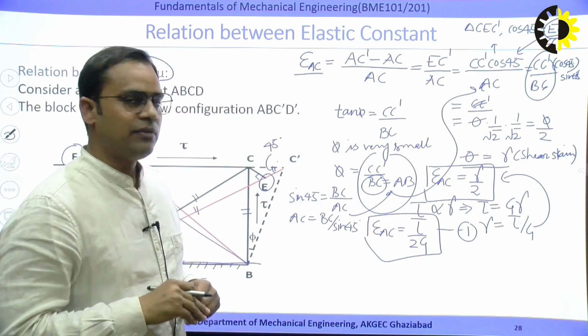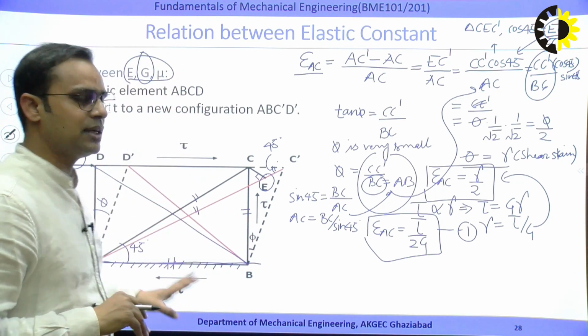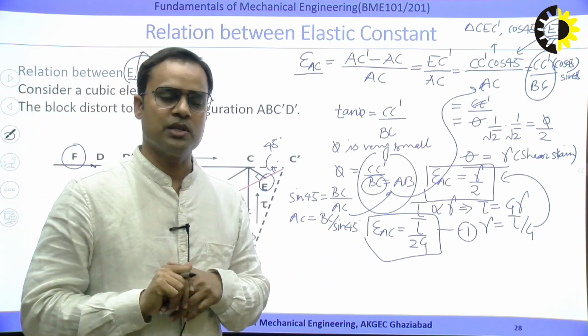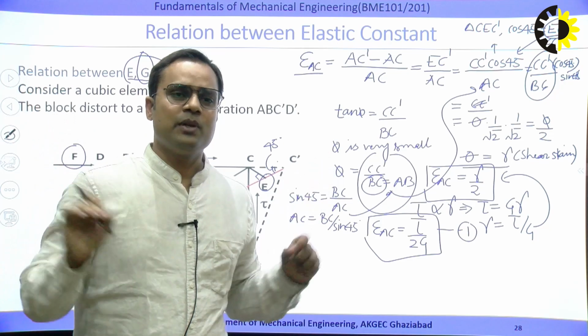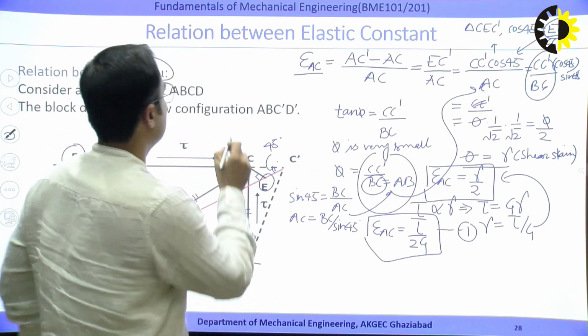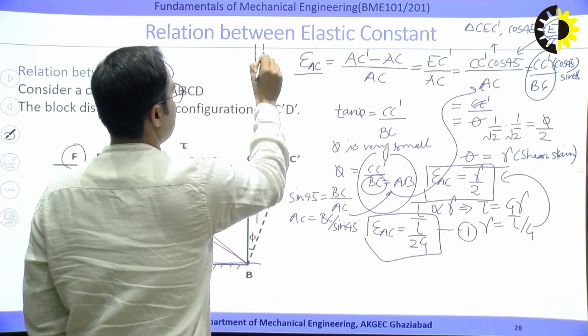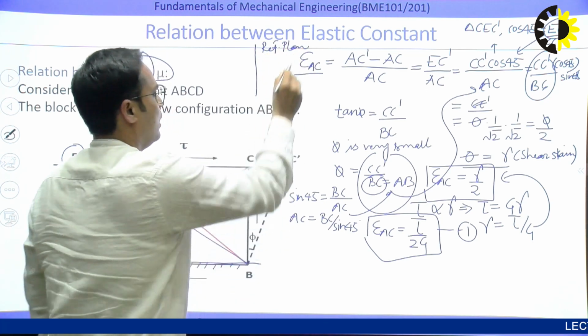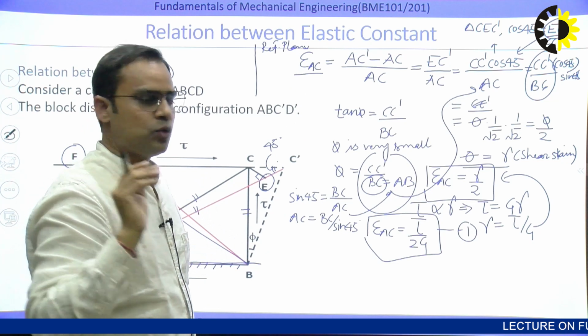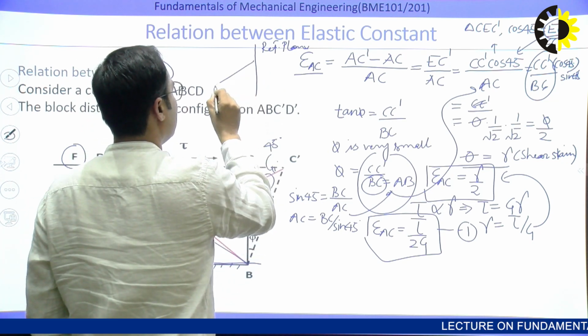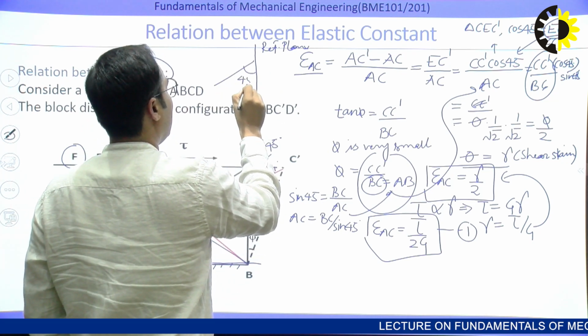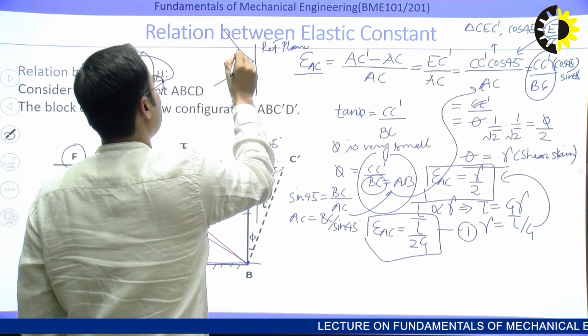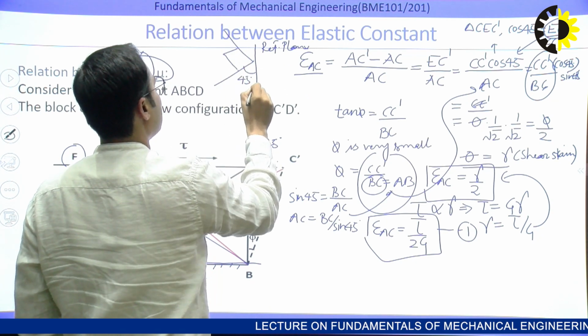For the second part, we are considering when any member is under pure shear. I have already mentioned, whenever any member is under pure shear, there are two planes. Suppose this is the reference plane. Any plane we consider can be the reference plane. If we are considering two planes, one is at 45 degree and another is perpendicular to that, or you can say from here 135 degree.